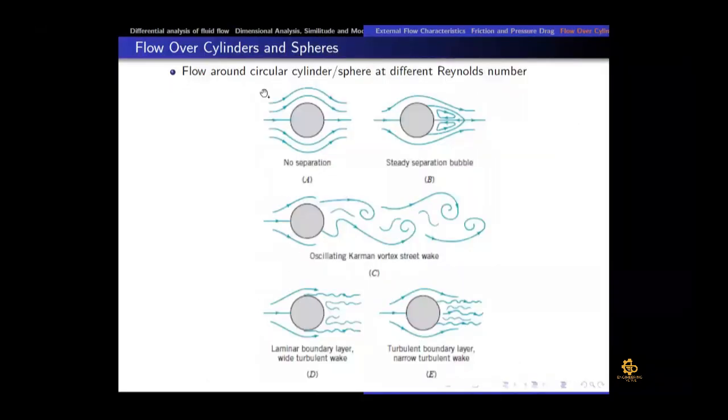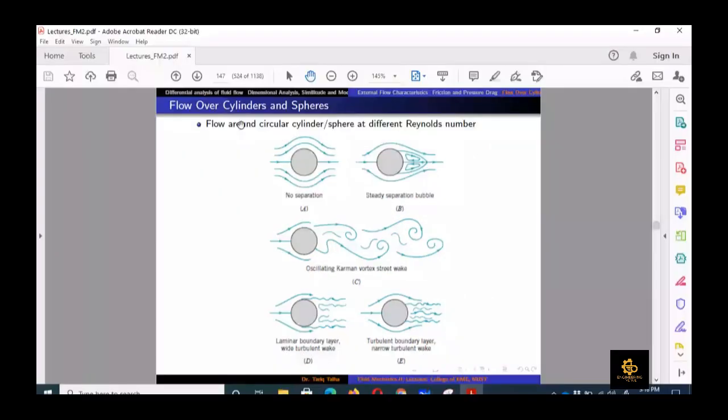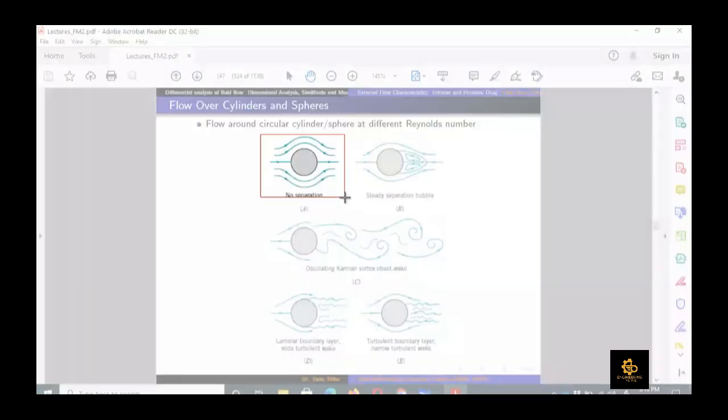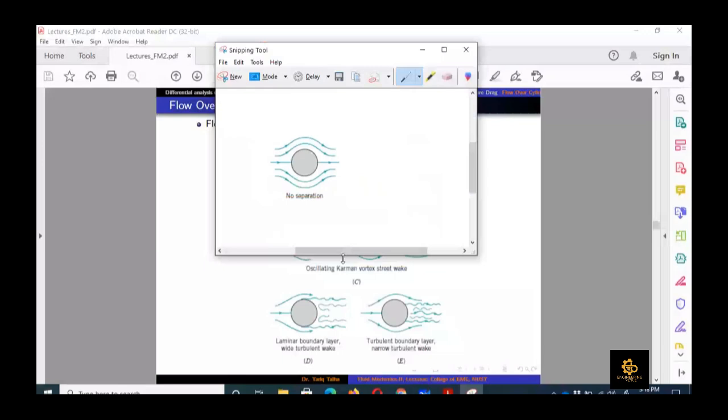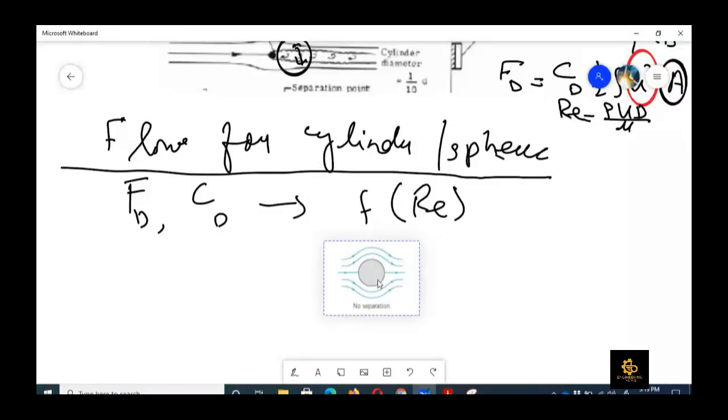So first of all, I am going to copy the first figure here. So now the flow is going from left to right. So here, let me copy it. So this is the figure A. So this figure shows that we have got Reynolds number.